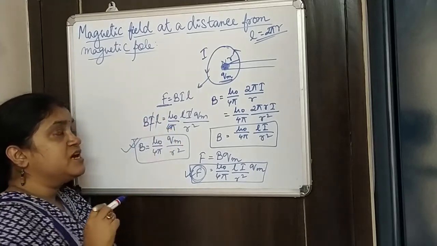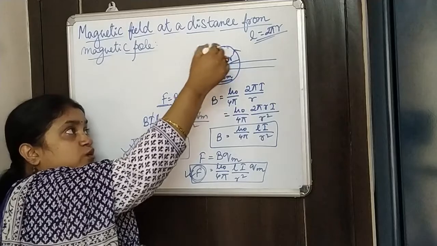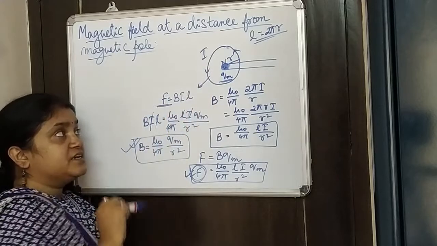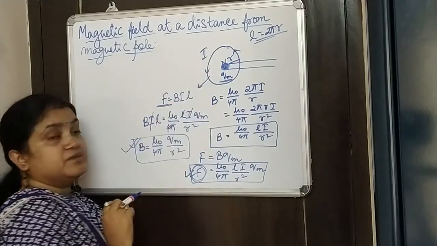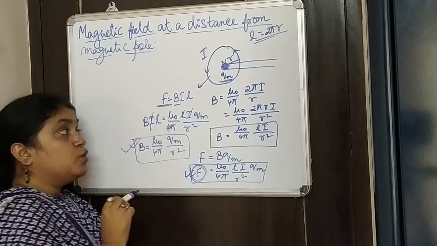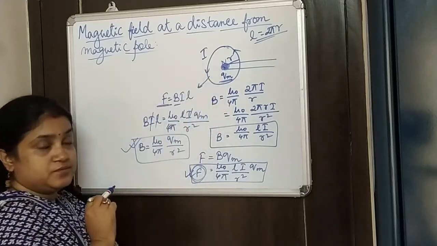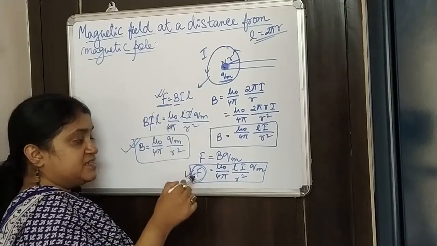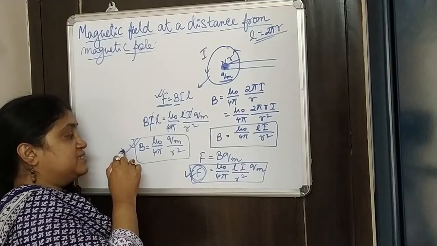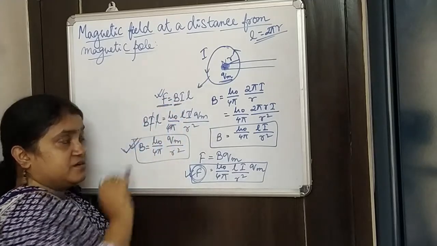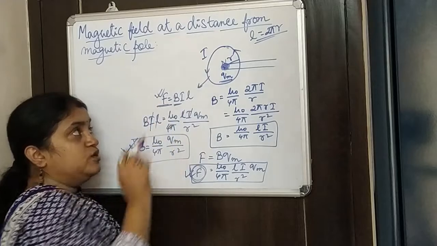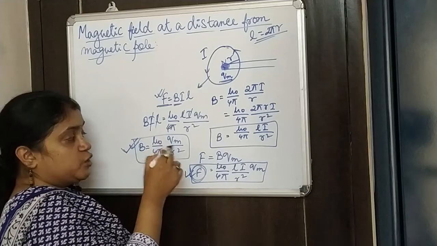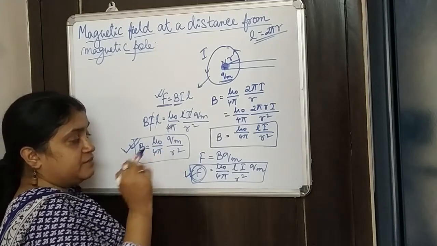Suppose this current carrying loop is there and it is carrying a current I. If it is in a magnetic field B, which is due to this pole, then it will feel a force BIL, and therefore, equating the two forces, we find the magnetic field B that the pole would create: mu naught by 4 pi Qm, the pole strength, divided by R square.